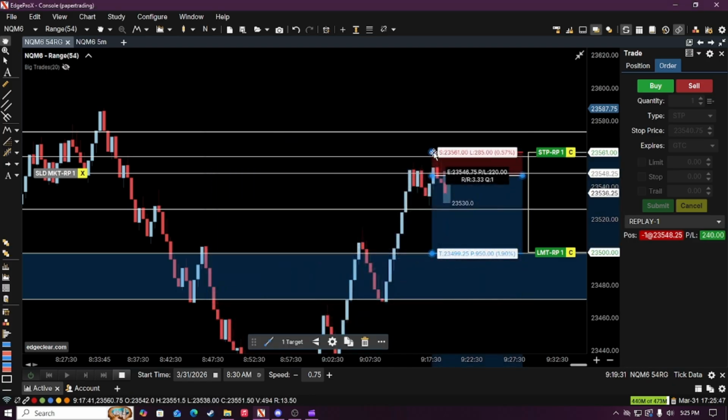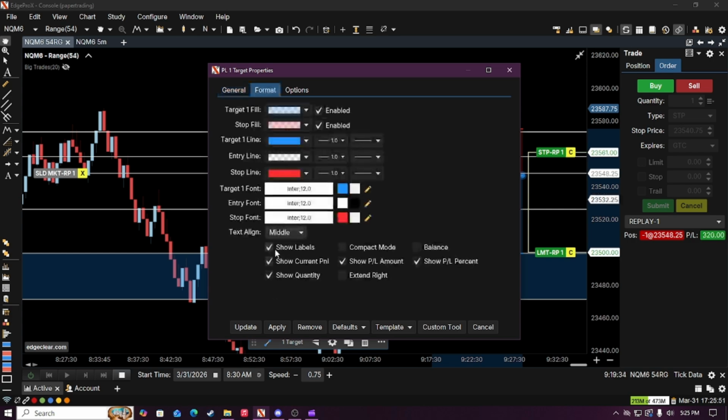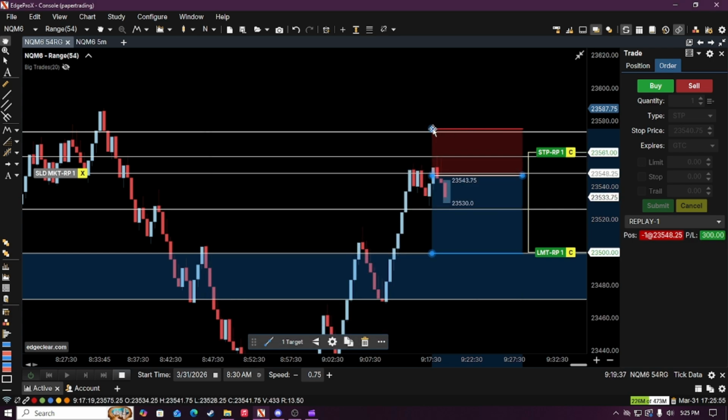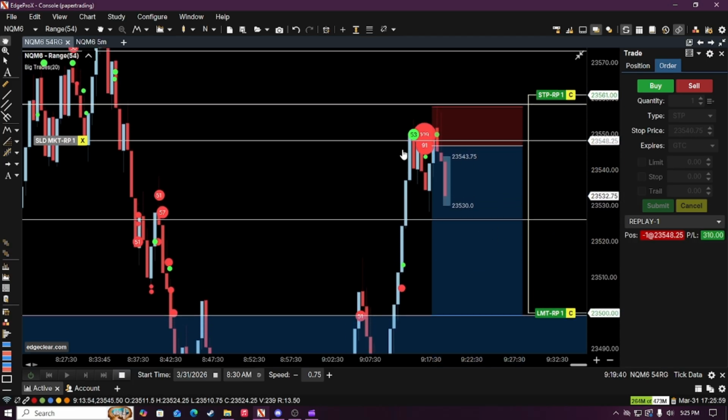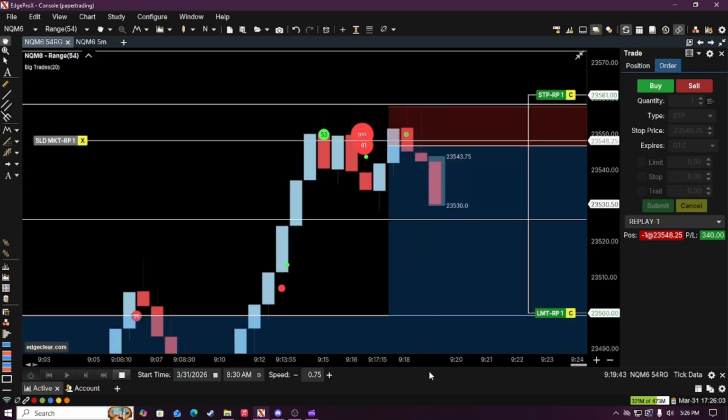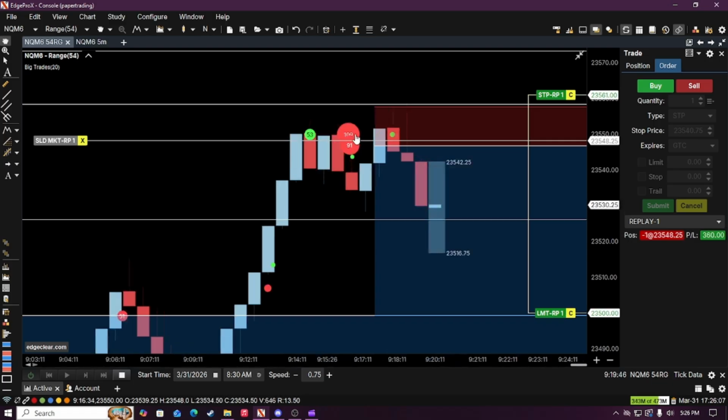Look at this, this is a 1 to 3. This one was a 1 to 1.6. After we see rejection here with aggressive volume, look at that volume that we built. Look at the big trades indicator. That's 100 contracts in a single level. That's aggressive.